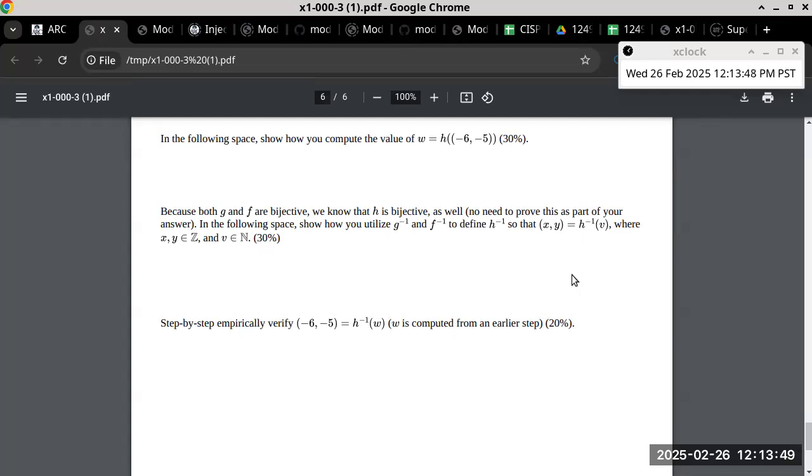Do we have any questions about parsing the question itself? This one is not asking about a specific application with specific numbers. This is asking you about the structure of H inverse.